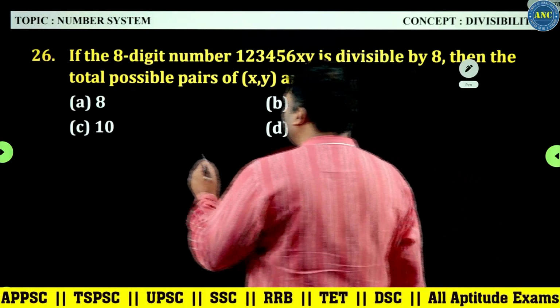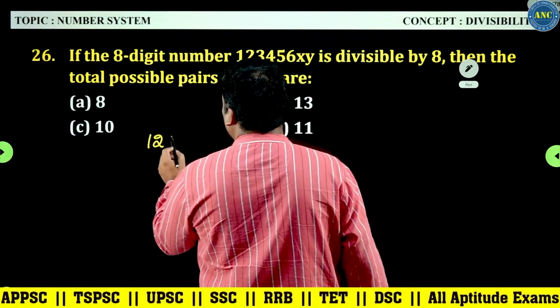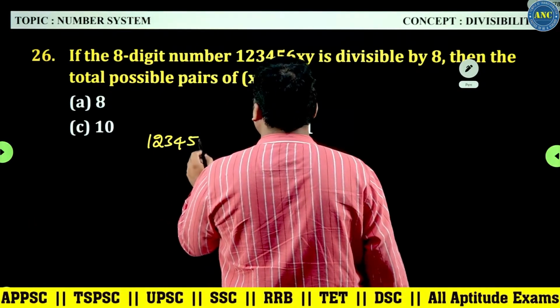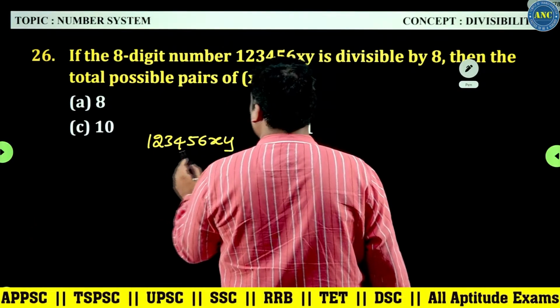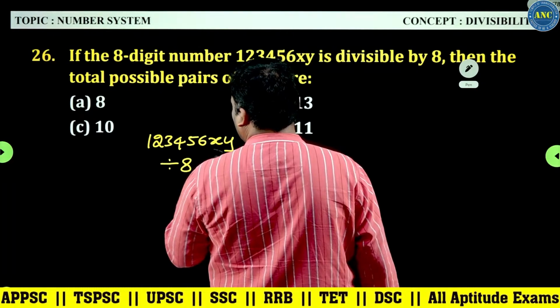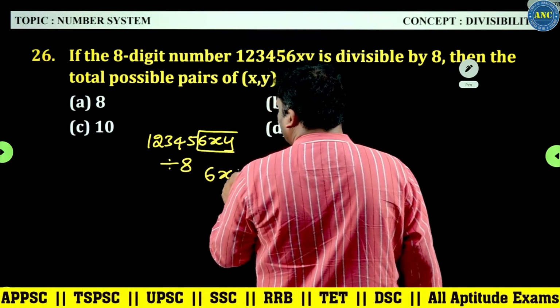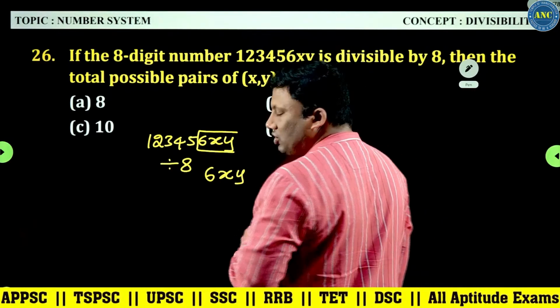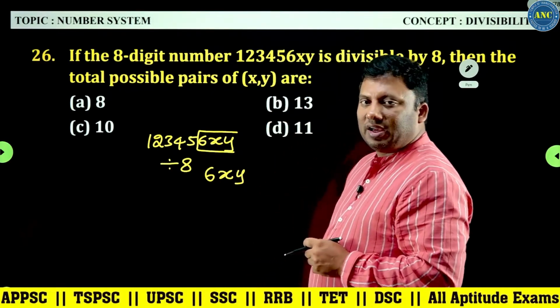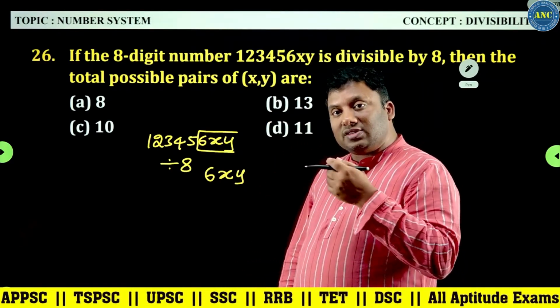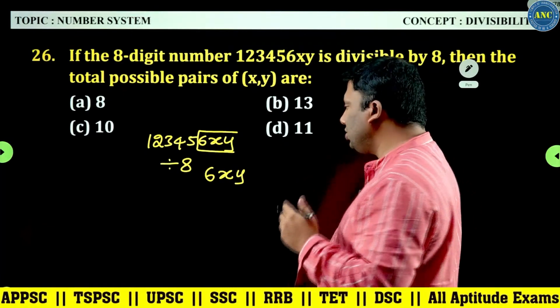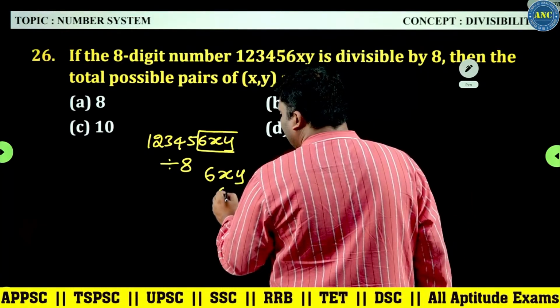If the 8-digit number 1, 2, 3, 4, 5, 6, xy is divisible by 8, divisible by 8 means last 3 digits should be divisible by 8. For this number to be divisible by 8, last 2 digits should be divisible by 4.